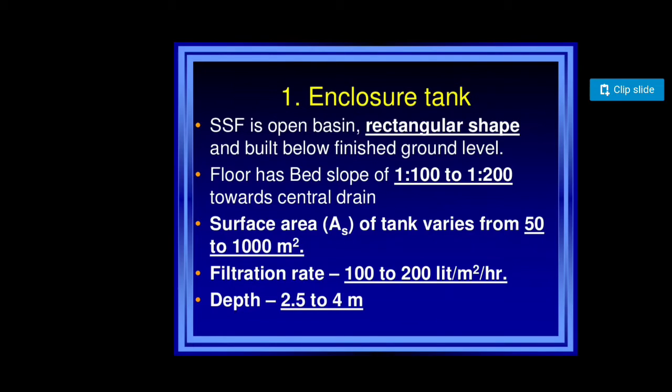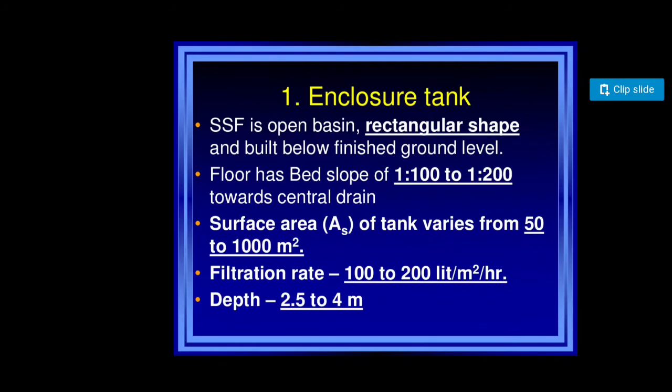Just the other day, one of your classmates asked me a question: how will we design the slow sand filter? So the design of a slow sand filter includes finding out the total amount of water that is to be received by this slow sand filter, that is the total requirement, maximum hourly demand multiplied by the normal demand.